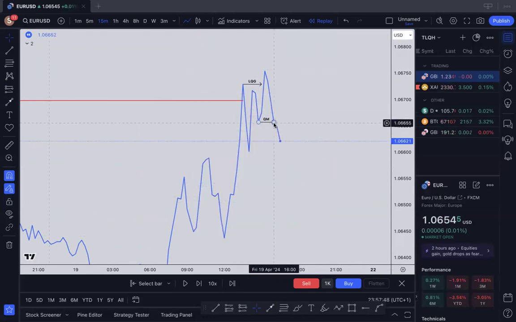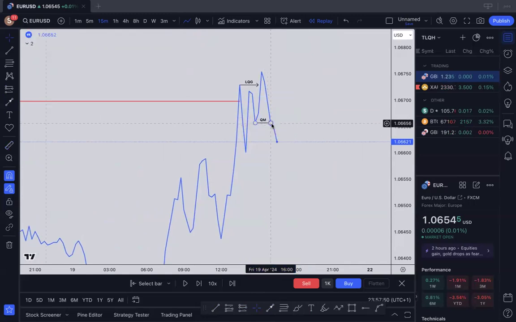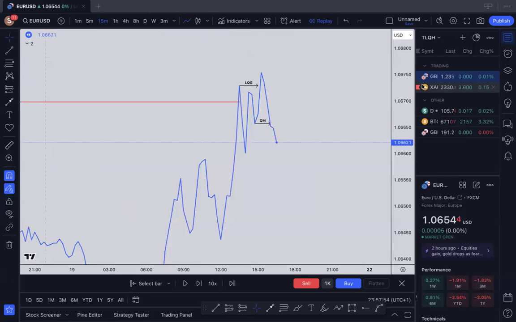Hopefully that makes sense. So what does this actually mean? Well, this means we are now in a bearish leg and that we should be expecting price to move away from this level.